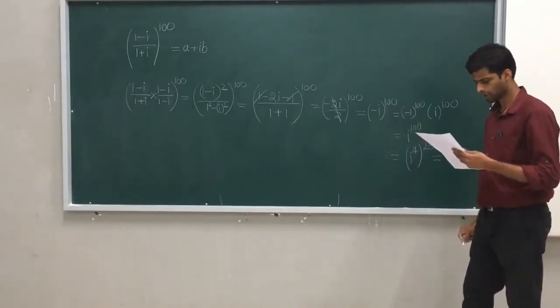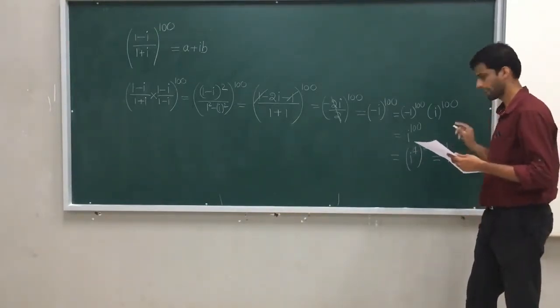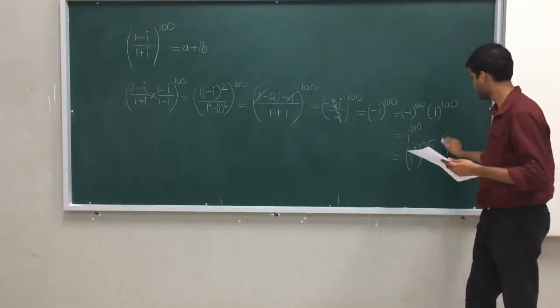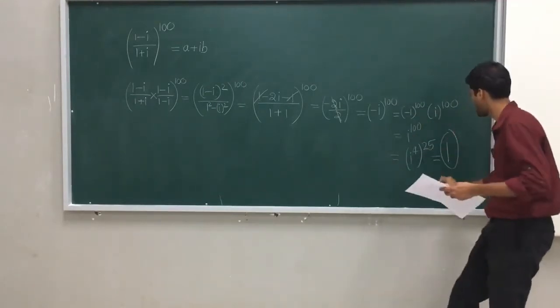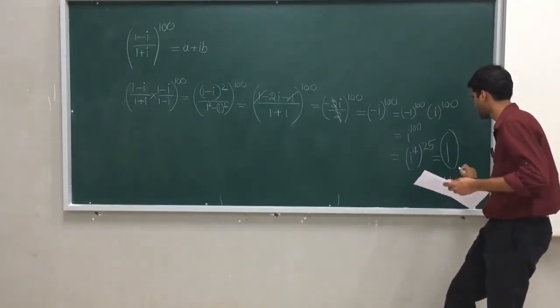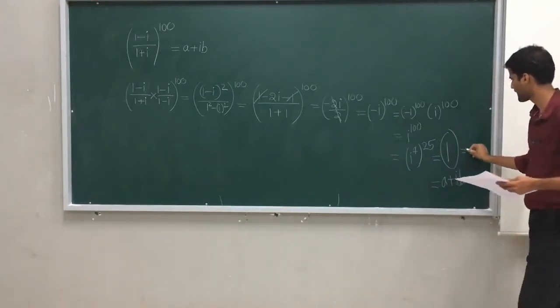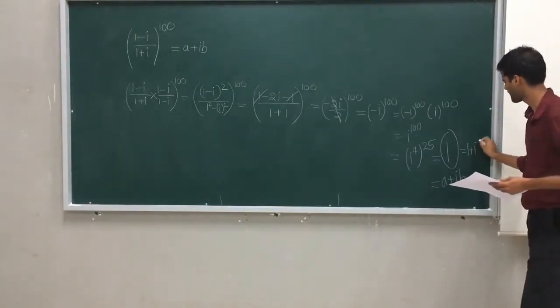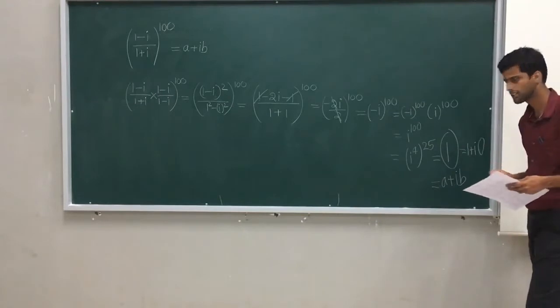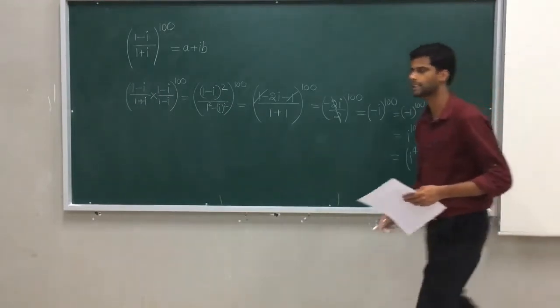I got 1, but I want this to be equated to a plus ib. When I equate, you can write it as 1 plus i into 0, because 1 can be replaced.